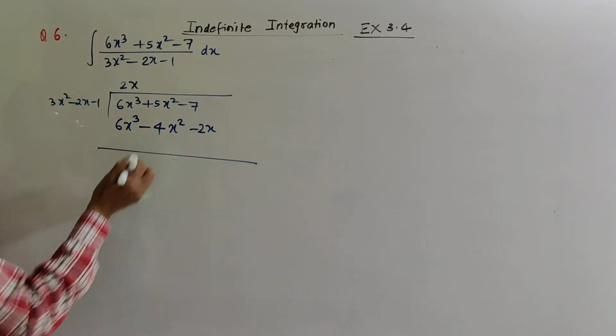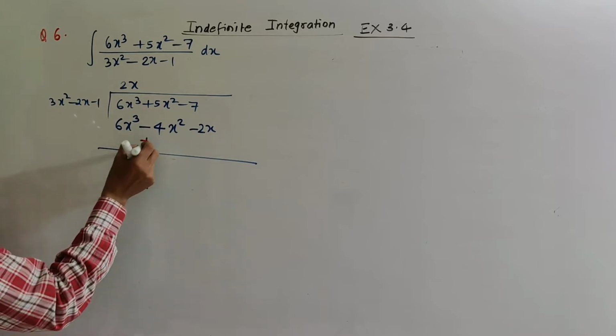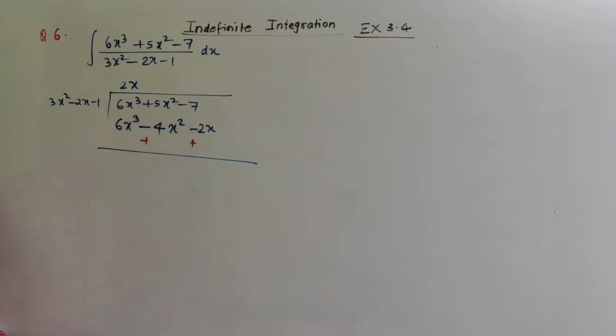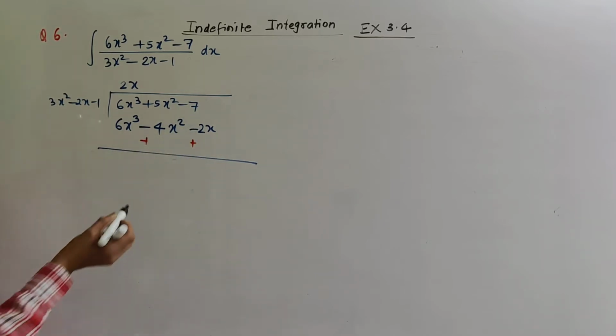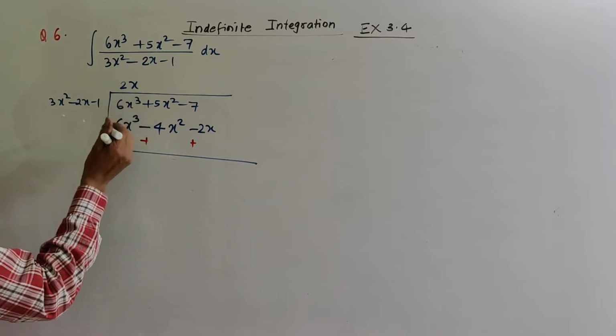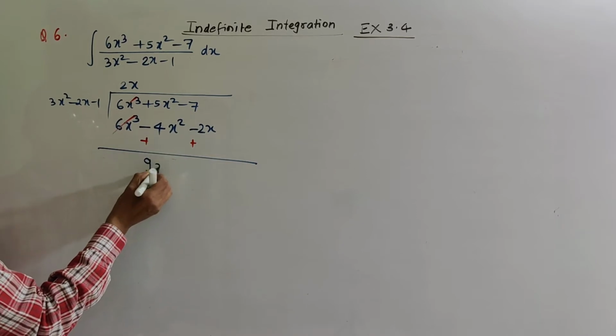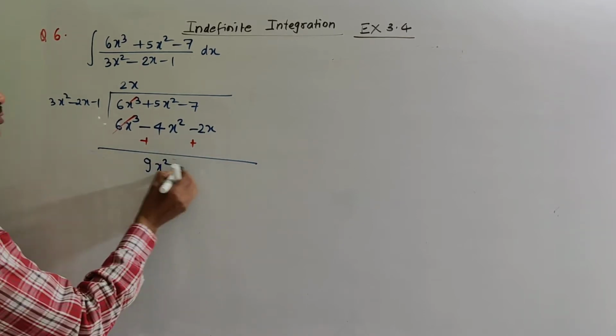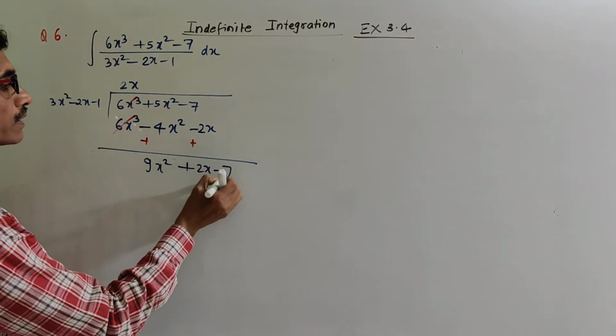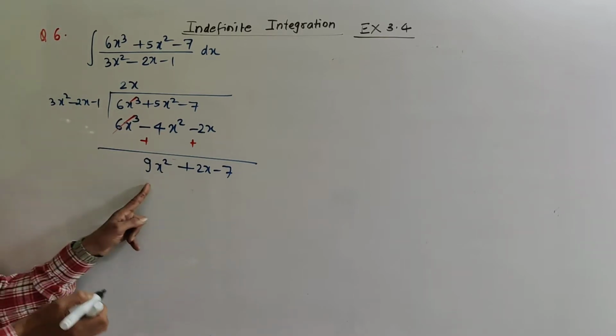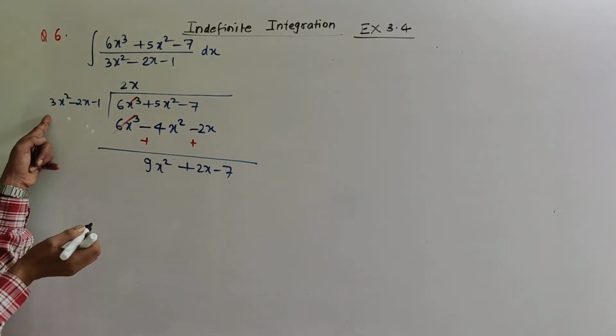This will be 9x square and it is 2x. And this is getting cancelled. So it will be 9x square and plus 2x minus 7. Again this 9 and here it is 3x square.